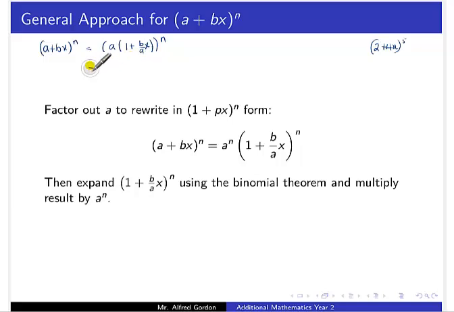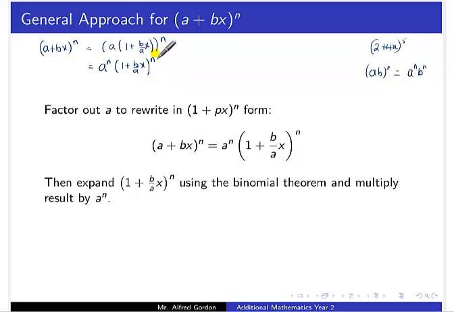Now we can further simplify this, as we know from indices that when we have ab all to the power n, we can write this as a to the power n times b to the power n. So our first term here is a to the power n in the bracket 1 plus b over a x all to the power n.